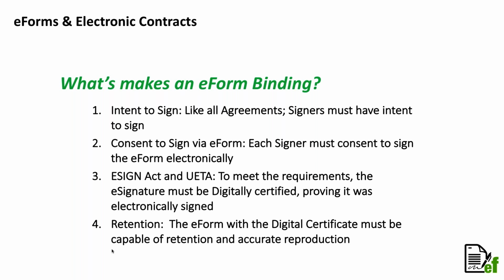Number 2, they must give consent to sign the form electronically. And when we go through this, you'll see that anytime a signer goes to sign it, there is a consent form that they must fill out or actually agree to in order to bind that signature.